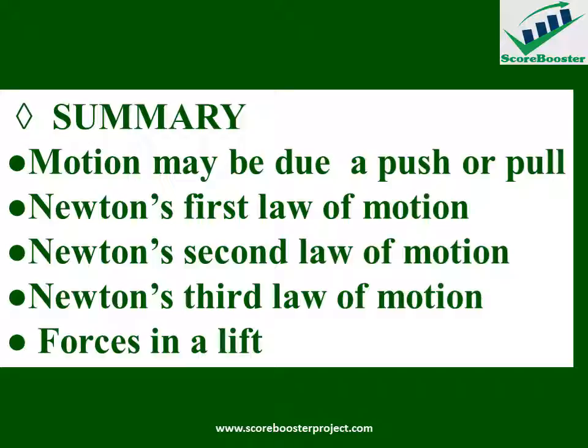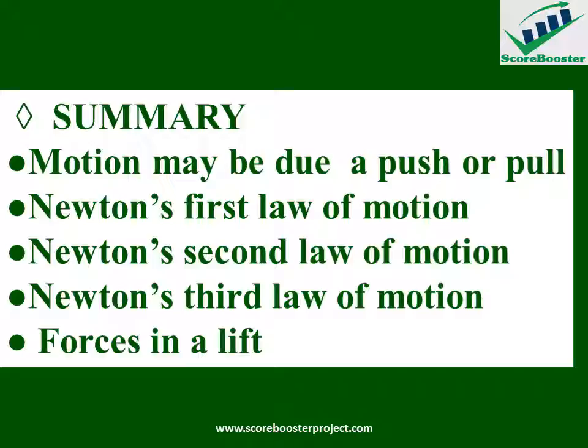Then we talked about the second condition, when the lift is moving up. For upward movement, the tensional force will be the sum of the weight and the reaction, and therefore tensional force T is going to be m(g + a).